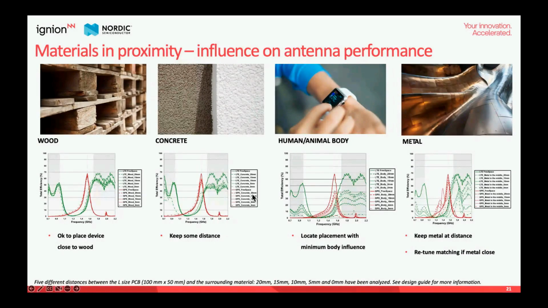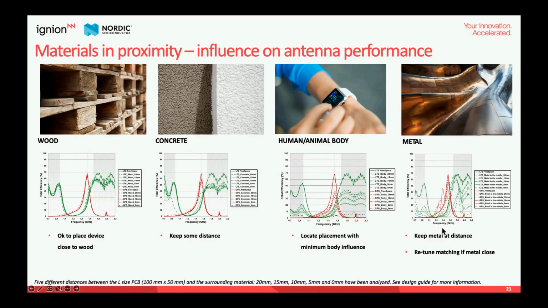However, the most critical environments, as you may know, are a human or animal body, and even a metal body. Once you have your device close to those, on one hand there is absorption, so losses, and on the other hand it's the tuning. The tuning is something that we can solve by changing the matching network.